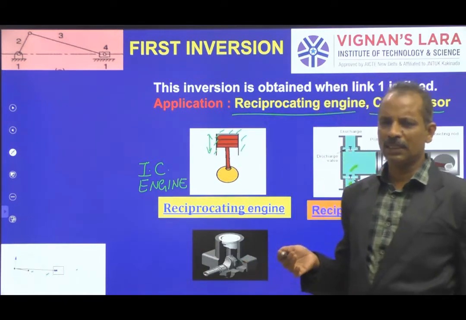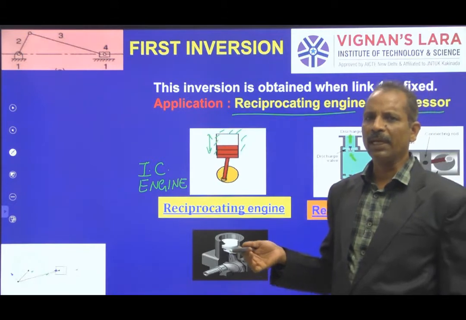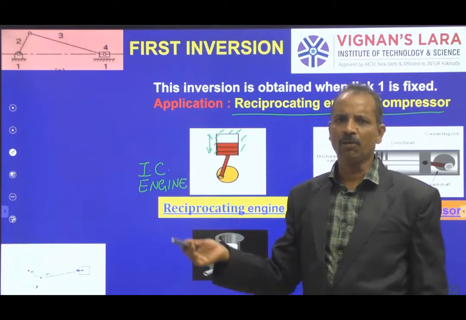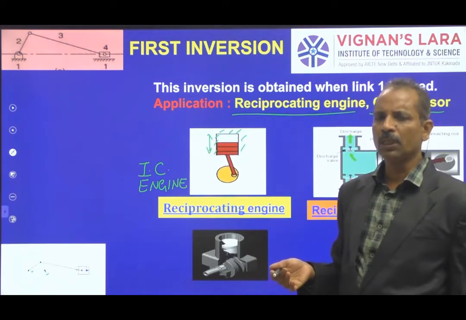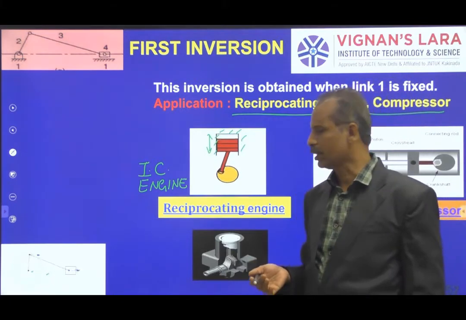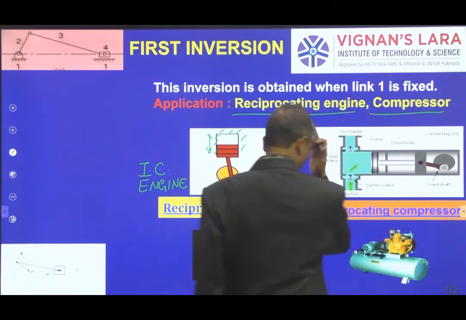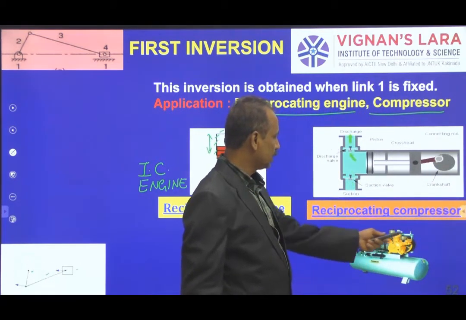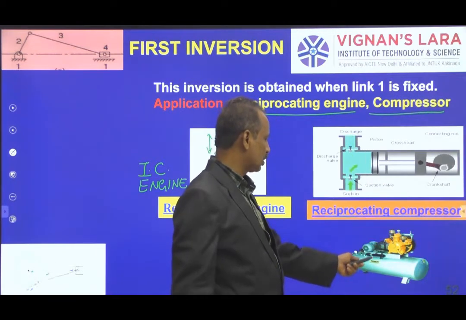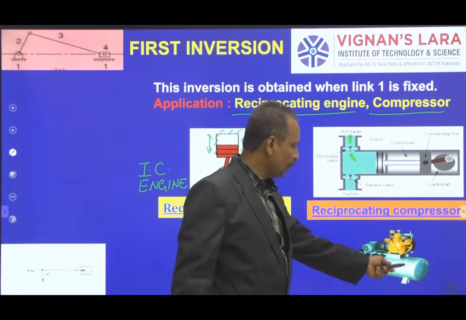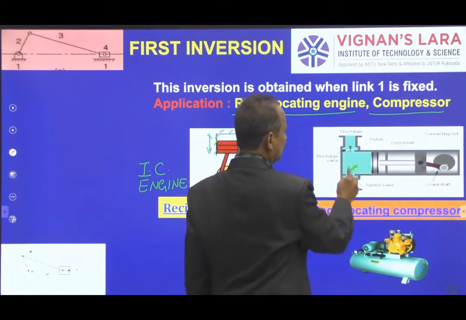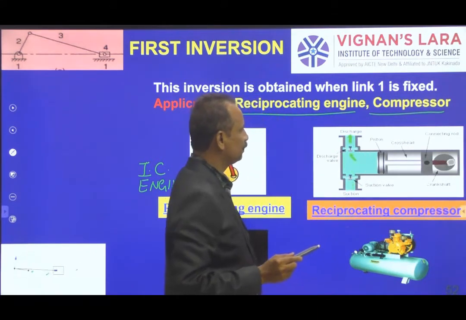A simple example is an air compressor, which we use to pump air into tires and tubes in automobile applications. You can see the compressor cylinder shown here. We store the compressed air, which is not shown here; only the discharge is shown.